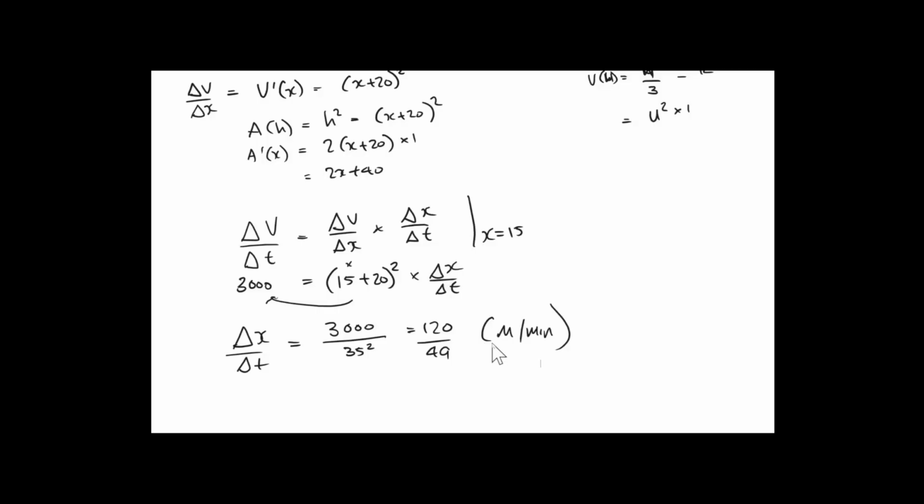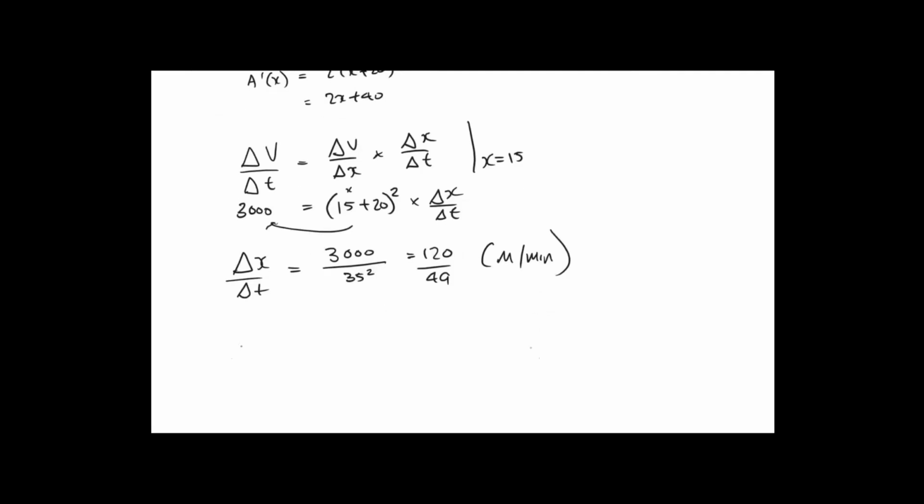Now we need to find the change in area with respect to time. So the change in area with respect to time is going to be the change of the area with respect to x times the change in x with respect to t, which is what we just found.